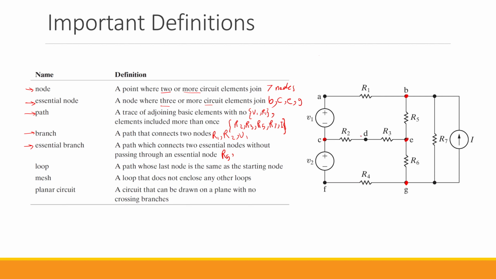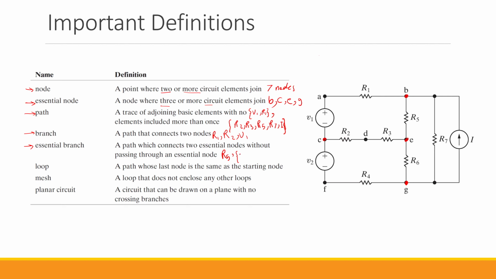What about the essential branch that connects C and E together? Of course, you can say V1, R1, and R5, but that doesn't count because this branch goes through node B, and it shouldn't go through an essential node. So it will be R2 and R3.